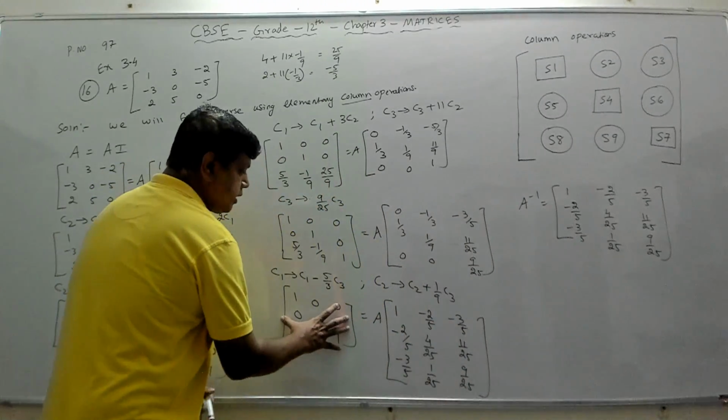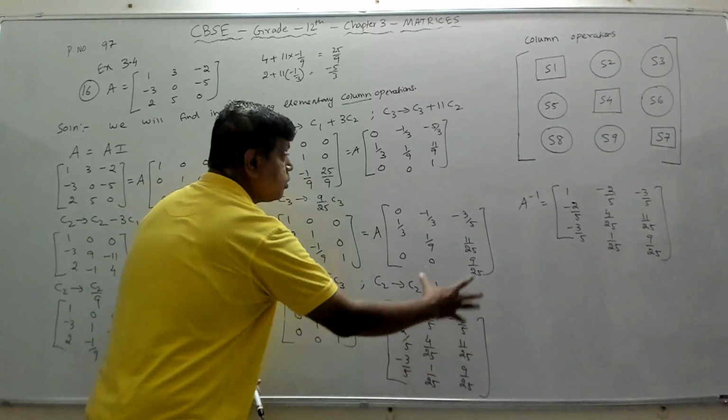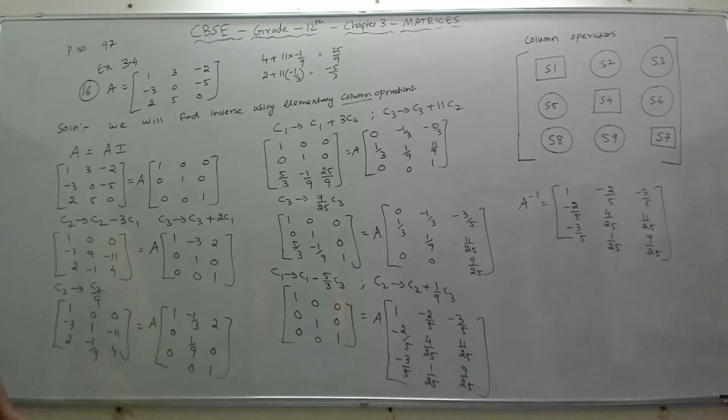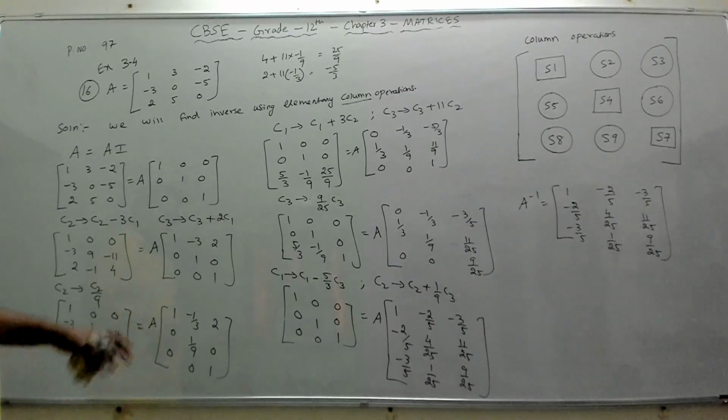When you get the inverse here, that matrix is your inverse of A. So this is how we find the inverse of a matrix using elementary column operations. You can pause the video and take the notes.